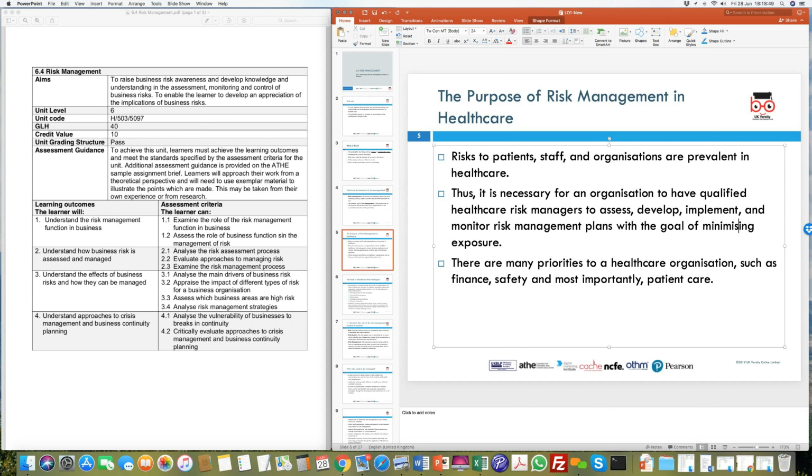We also look at risks at the organizational level. If somebody sues an organization because something has gone wrong, they don't end up suing the person, they end up suing the organization, and that is why some of that risk could be organizational.